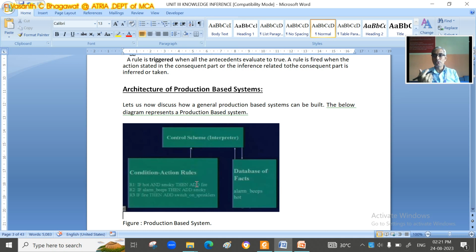We need to have some rules, as we already said. Then we have a database of facts, where we'll be keeping all our rules and facts in a knowledge base. Then we have the rule applier and the inference engine, which is nothing but our interpreter.